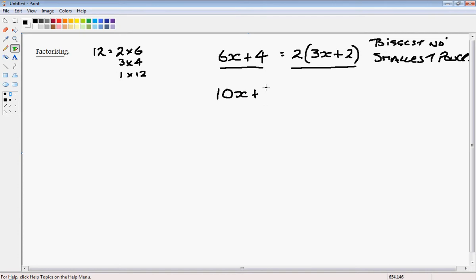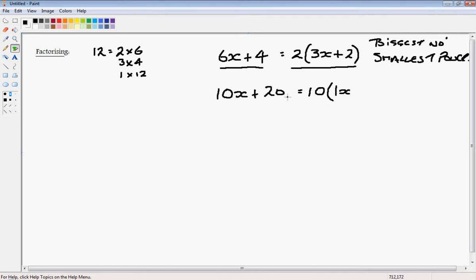Okay, so let's say we have 10x plus 20. So we need to factorise this. So the biggest number that will go into 10 and 20, well, the biggest number I can think of is 10 itself. So 10 would come outside of the bracket. Open the bracket. Now 10's into 10 goes once. So if you want, you can write 1x, because 10 times 1x will give me 10x.